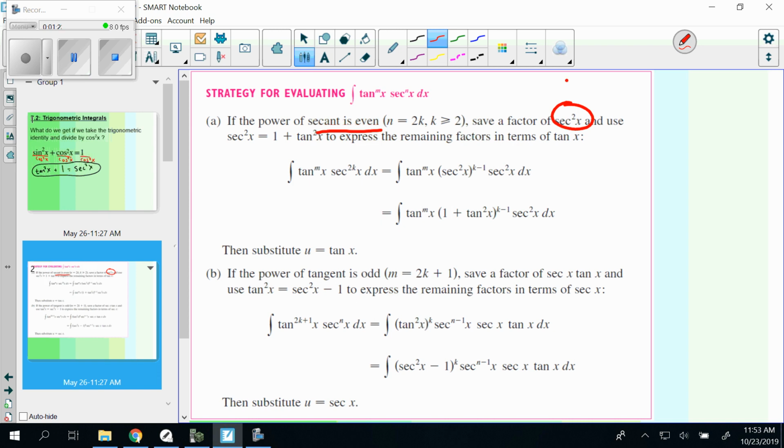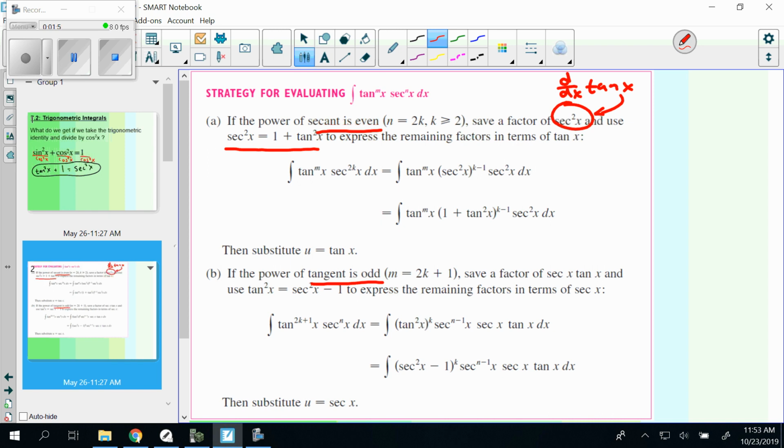because what we know is the derivative of tangent equals secant squared. So if we are trying to do the antiderivative, that helps us out. And then what we're going to do with the rest of it is use that trig identity we just had to replace the remaining factors of secant. If we don't have that secant is even, then we're going to look to see if tangent is odd.